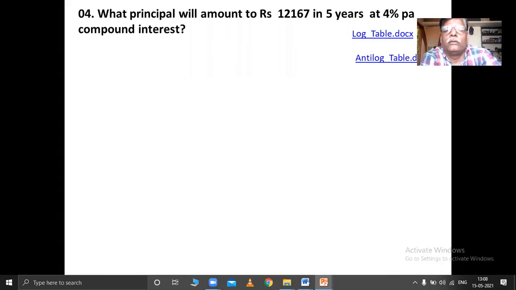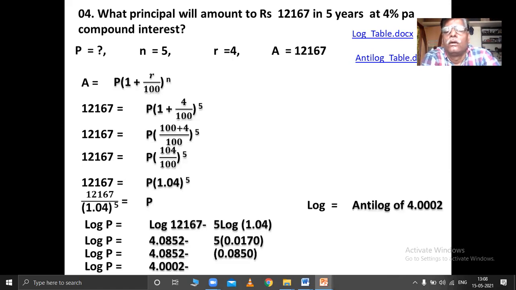How to see in the anti-log table? After the decimal point, you don't see the characteristic. 0.0002. Then 0 column. Then 2 column. You see in the anti-log table.